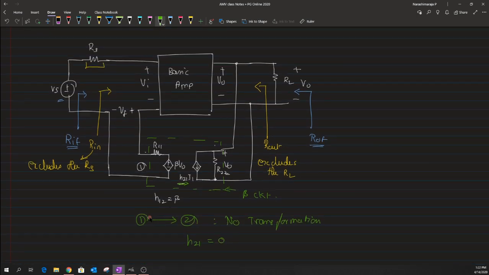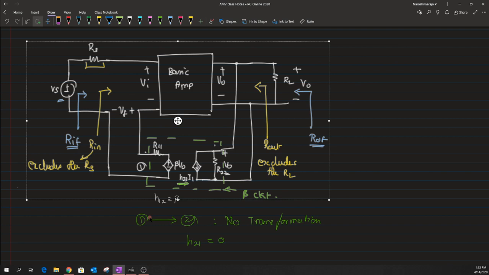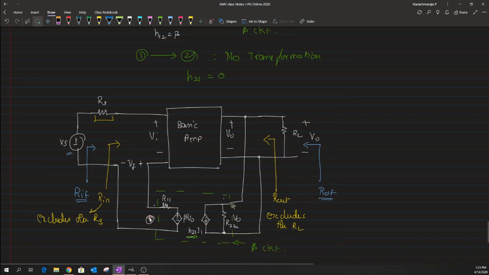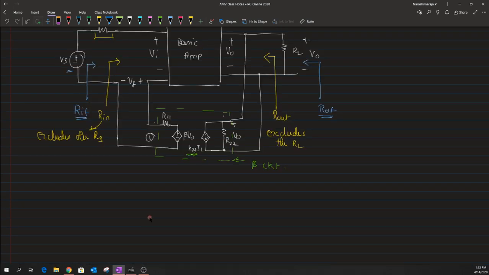Okay, so let me again copy this circuit and redraw the same circuit, killing this H21. A current controlled current source is killed by open circuiting that particular quantity.